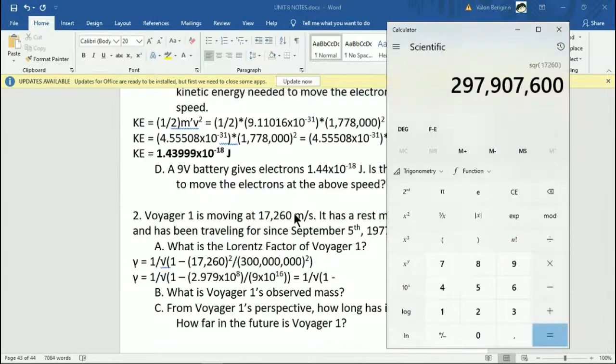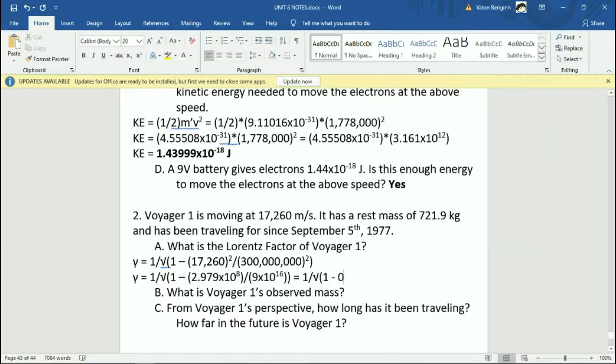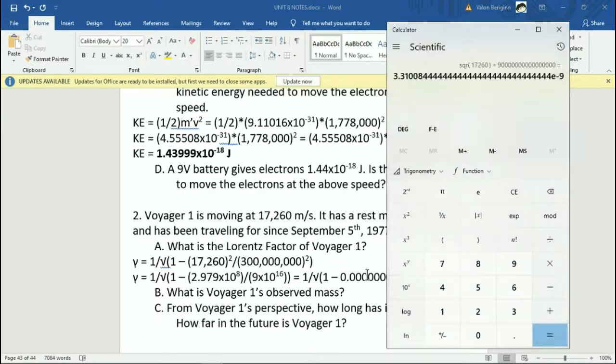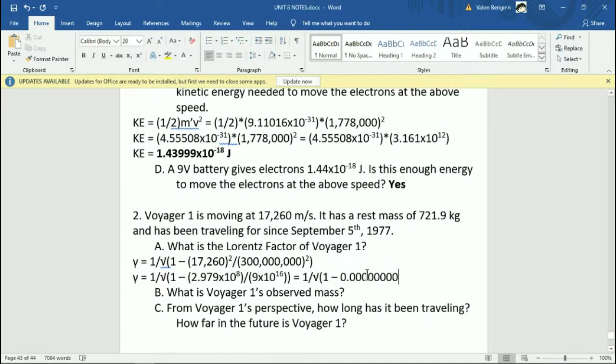Alright, this is going to be a small number because we're dividing this by 9 times 10 to the 16. Oh boy, okay, that's 1, 2, 3, 4, 5, 6, 7, 8 zeros.